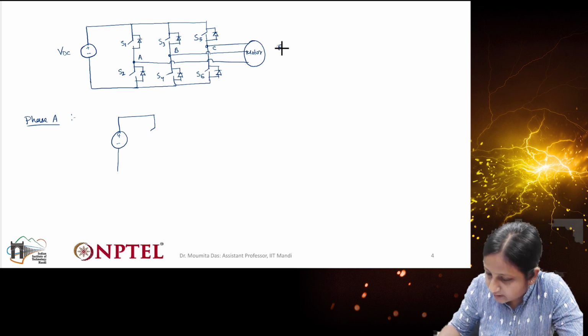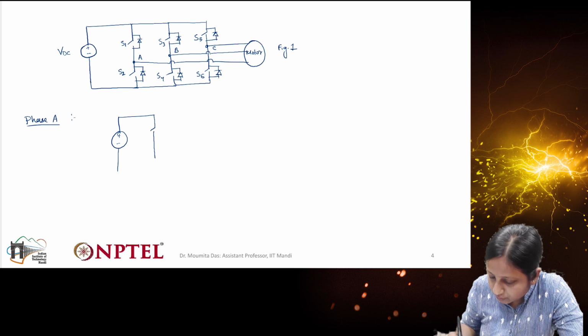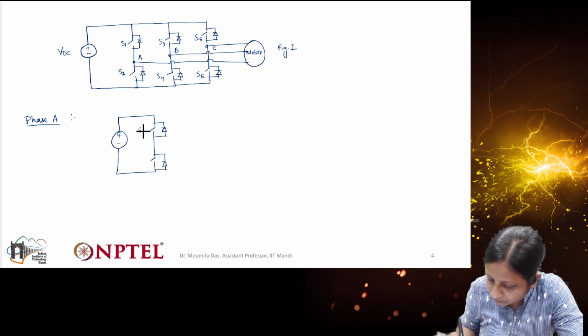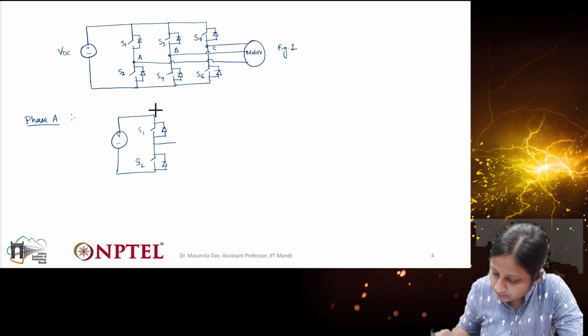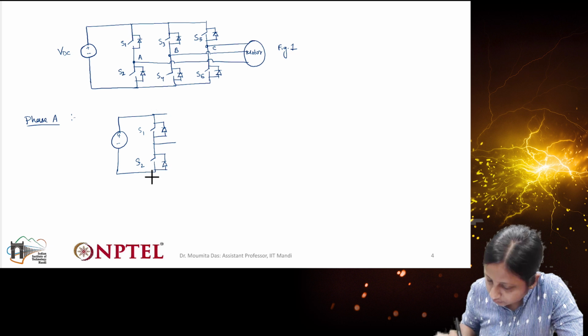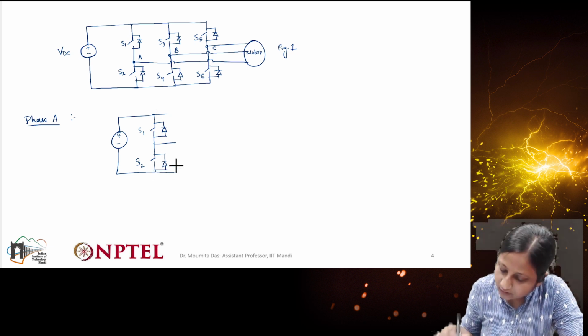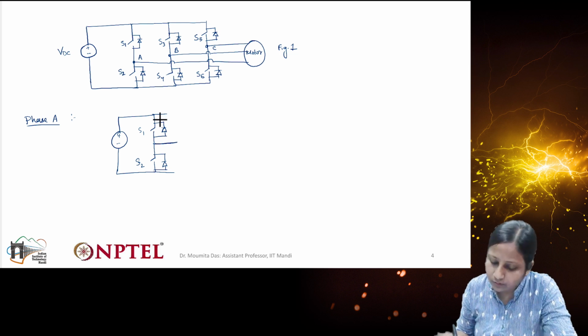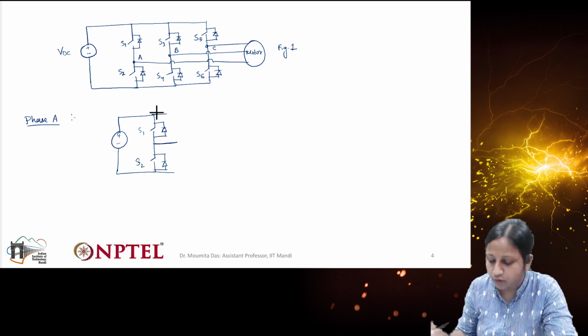Let's consider this as figure 1. Now these two switches, S1 and S2, will be connected here. I am drawing only this particular portion so that we can understand this switching operation properly.